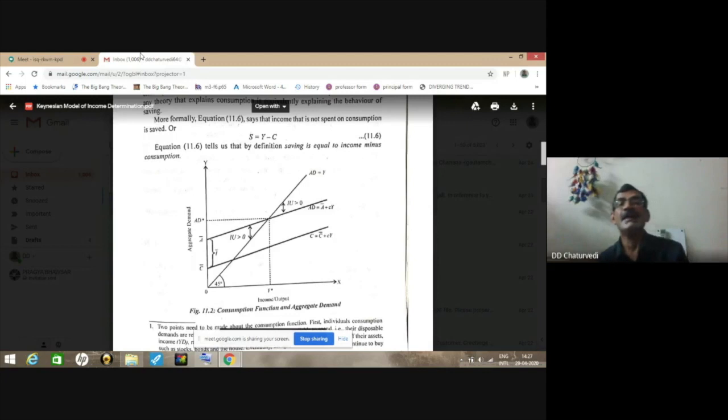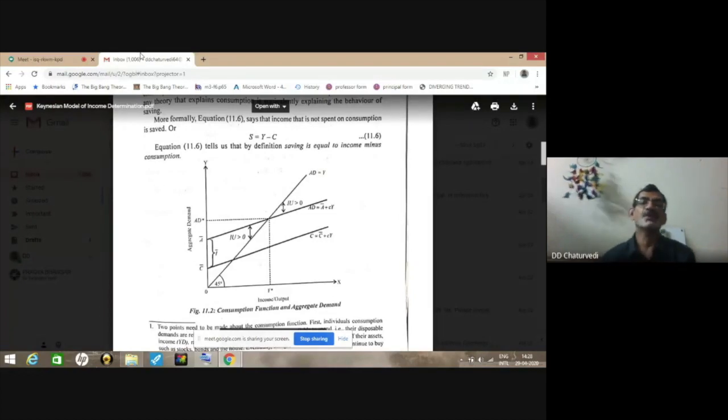But aggregate demand comprises C, I, G, and net exports. So it also has the same shape as the consumption function in this case, because here we are assuming that investment, government expenditure, and net foreign purchases are exogenous, or fixed. So when this fixed amount is added to the consumption graph, we get aggregate demand, which in this case is given by A bar plus small c into Y. A bar is the total autonomous expenditure.